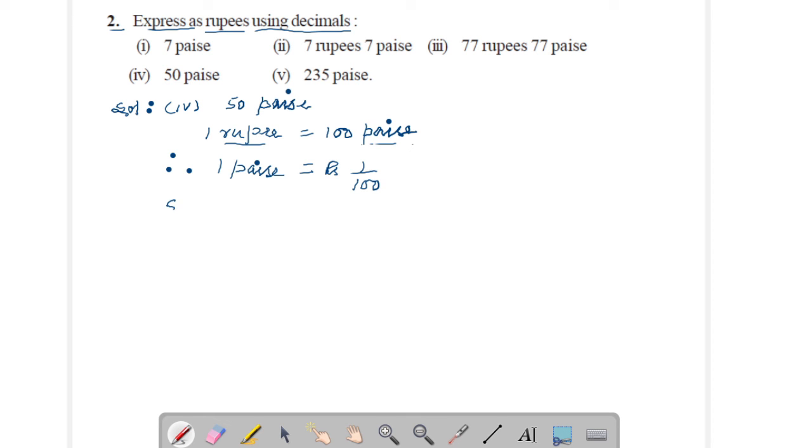So 50 paise can be written as rupees 50 into 1 upon 100.